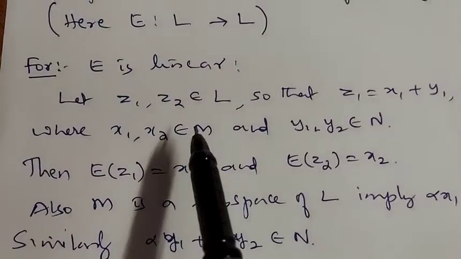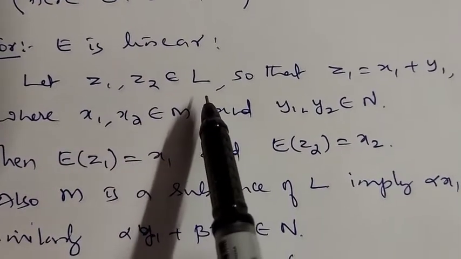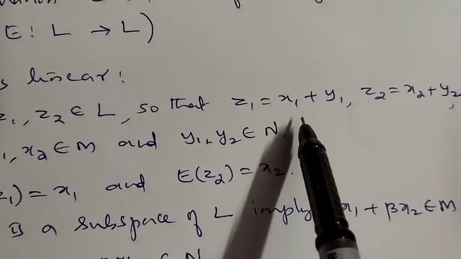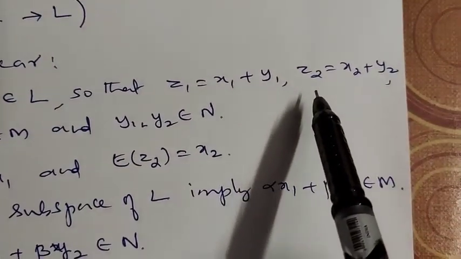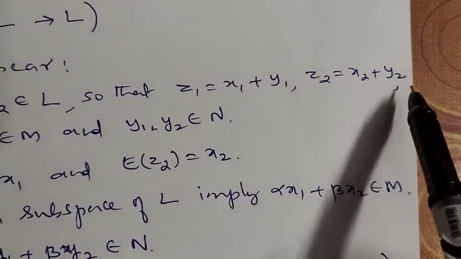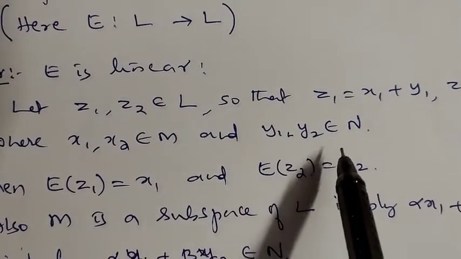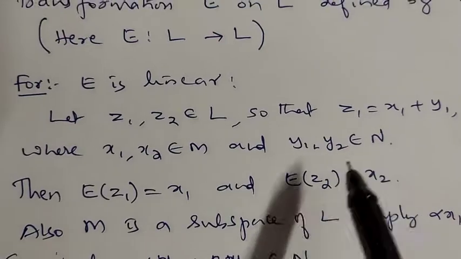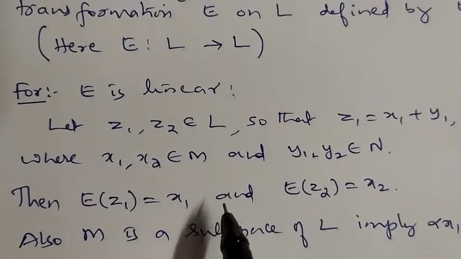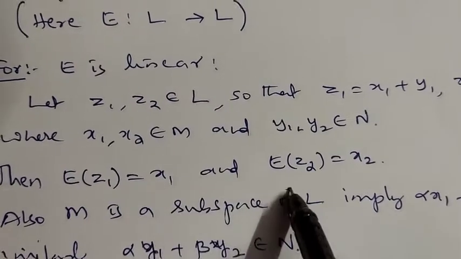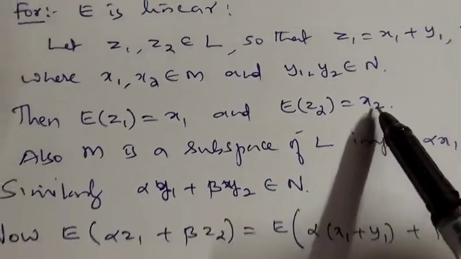Let z1 and z2 be any two elements of L. Then z1 will look like x1 plus y1 and z2 will look like x2 plus y2, where x1 and x2 are elements of M and y1, y2 are elements of N. Now E is a projection on M along N, so E of z1 is equal to x1 and E of z2 is equal to x2.